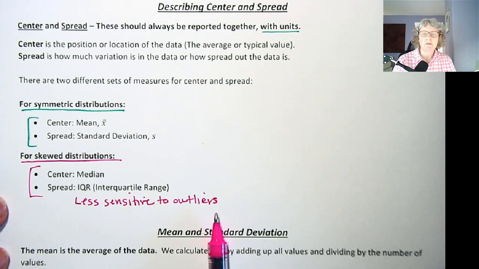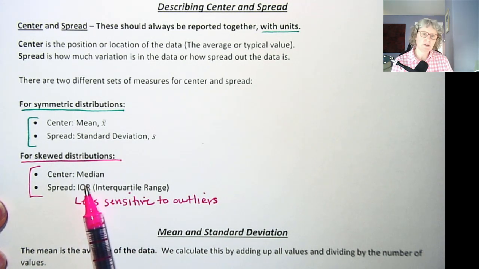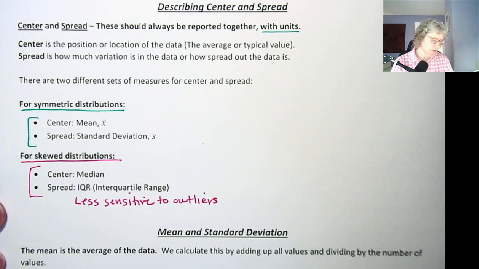You might have heard of median household income. We use the median for that because if we took all those millionaires, billionaires, trillionaires, the 1%, and averaged all of our incomes together, that would bring the average way up. That's why the median is used, because that is the middle value.